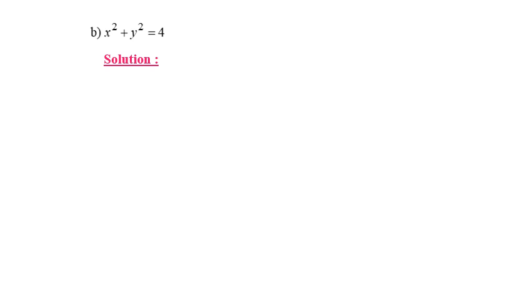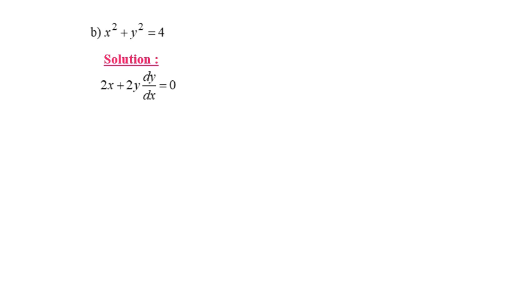Question B: x squared plus y squared equals 4. I think question B would be much easier compared to question A because we don't have a product rule over here.